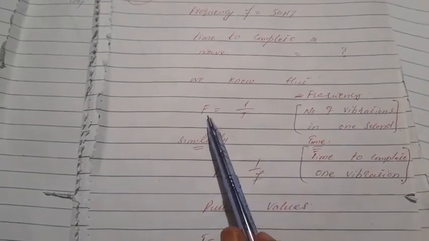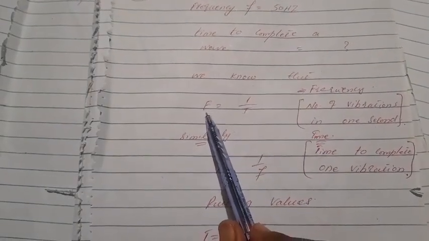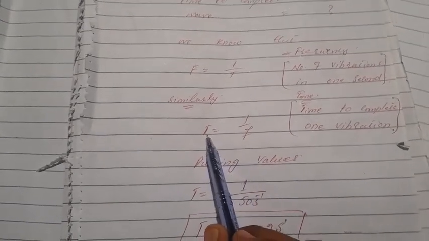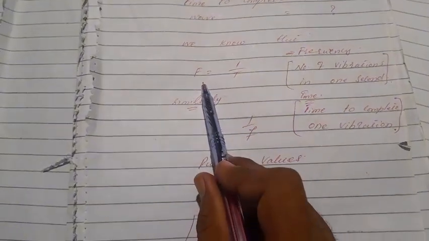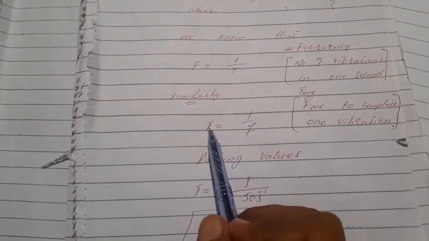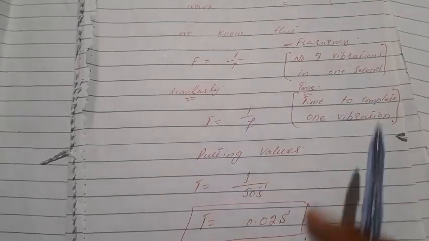According to this, frequency is equal to 1 over t. By this equation, we already know that time and frequency are reciprocals of each other. So time is equal to 1 over f.